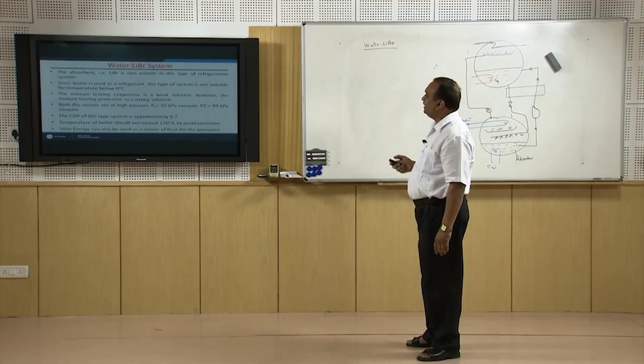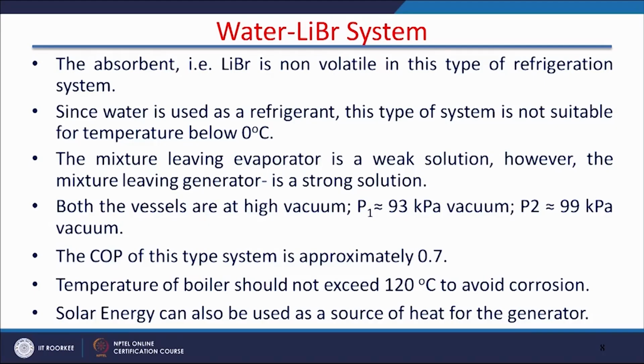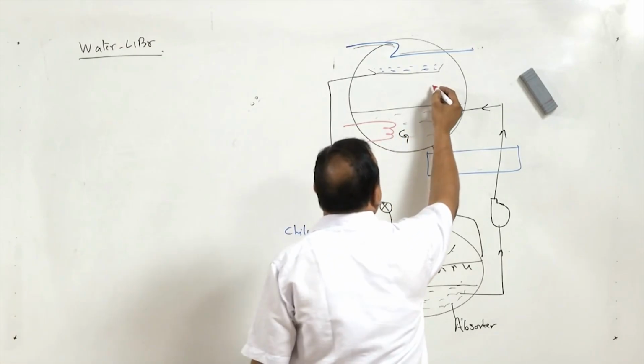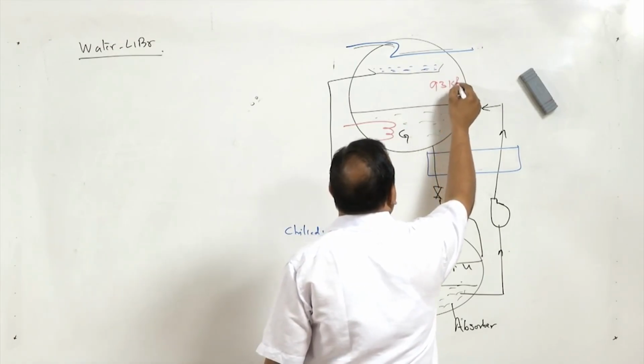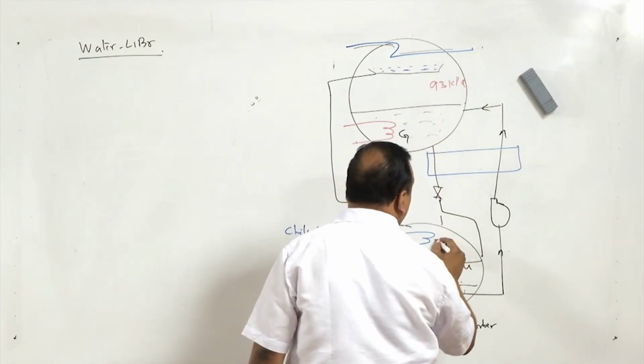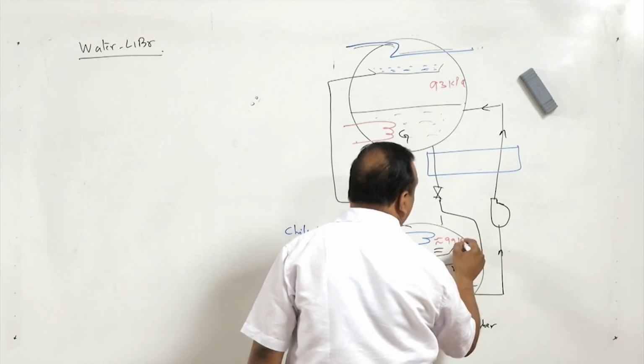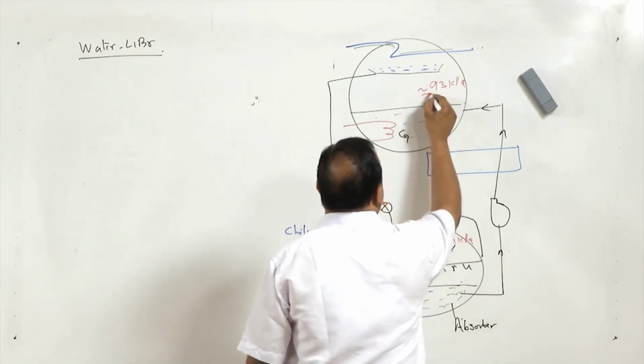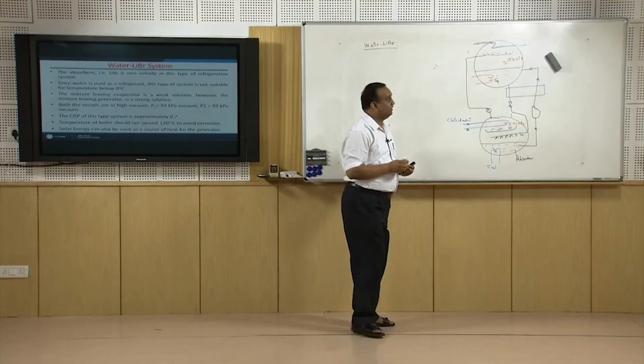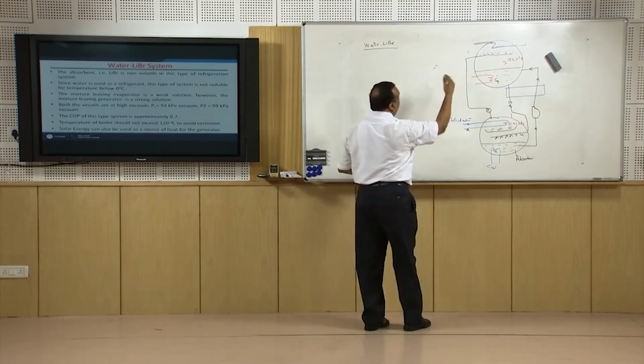But high temperature applications it is extensively used, and the pressure inside the vessel, here the vacuum is approximately 93 kilopascal and here the vacuum is approximately 99 kilopascal. So, the system works in a very high vacuum. Vacuum means pressure below the atmospheric pressure.